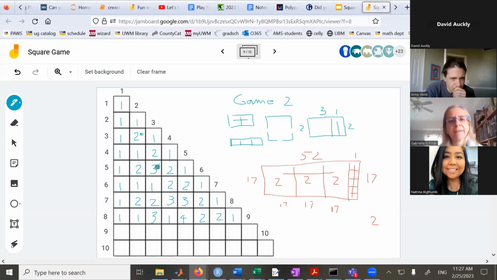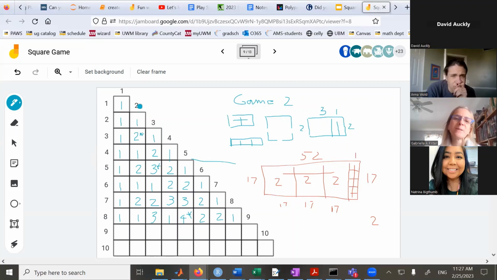So one interesting part of this is, if you go up to here, all of the numbers, all of the steps, are less than or equal to 2. The first 3 appears with a 3 by 5 rectangle. The first 4 appears, where you need 4 steps for the game, with a 5 by 8 rectangle.